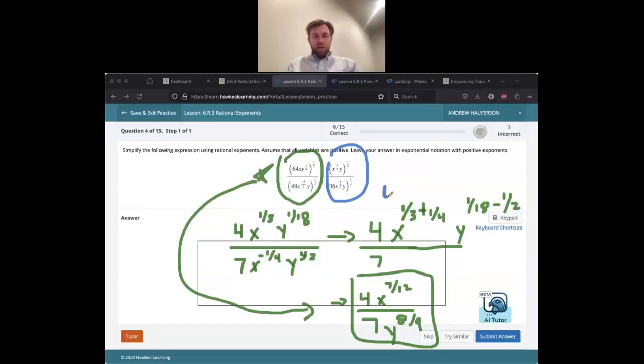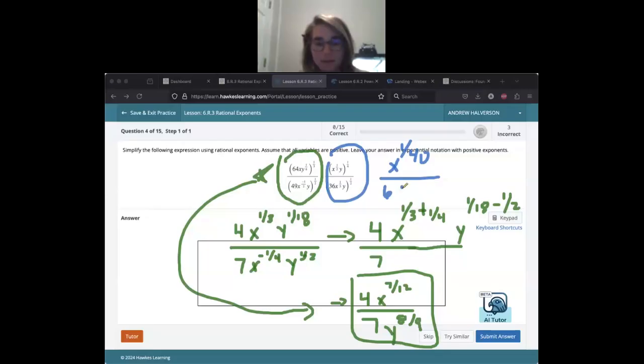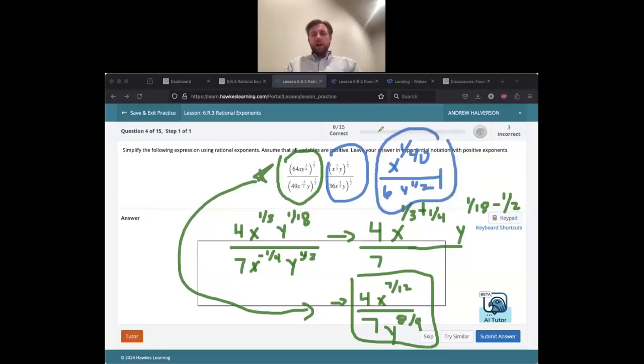So this one here is 6x to the 1/40th, y to the 1/2 in the bottom. So this is what you get when you do the second fraction. Now you take these two and you multiply them with each other.